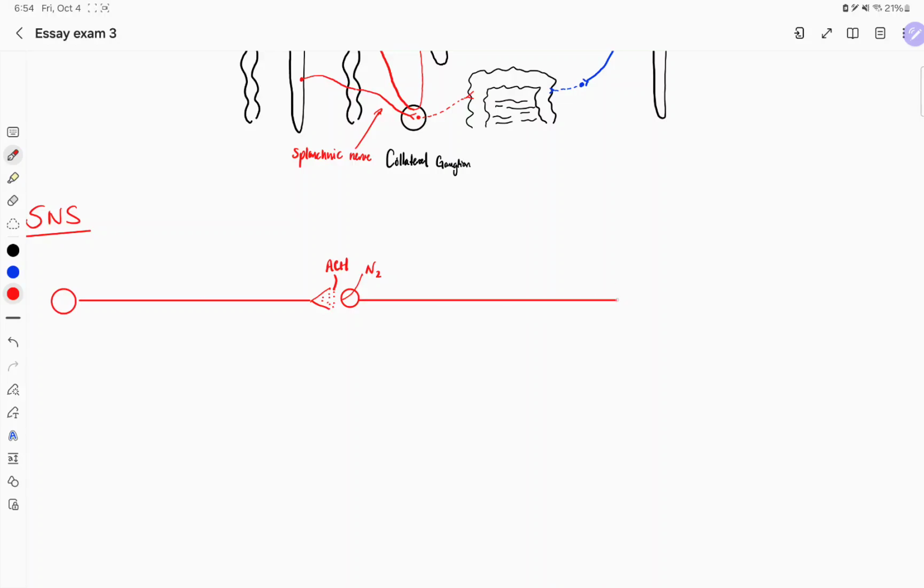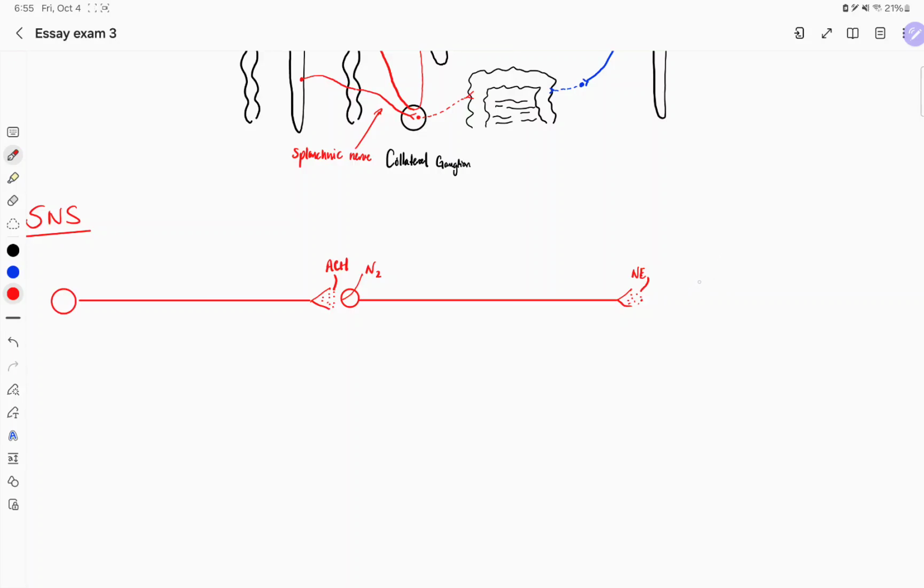and cause another action potential that will result in the release of another neurotransmitter at the terminal end of the postganglionic neuron. And these neurotransmitters are called norepinephrine, and I'm going to abbreviate that as NE, found here.